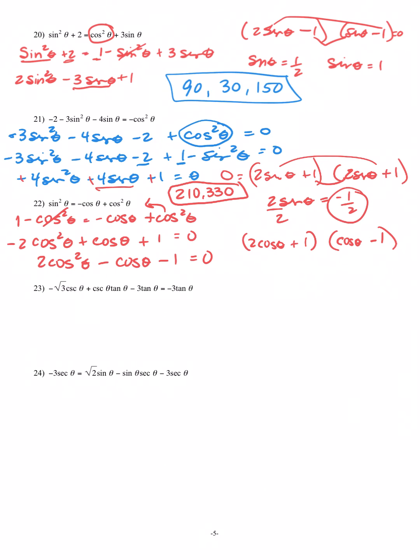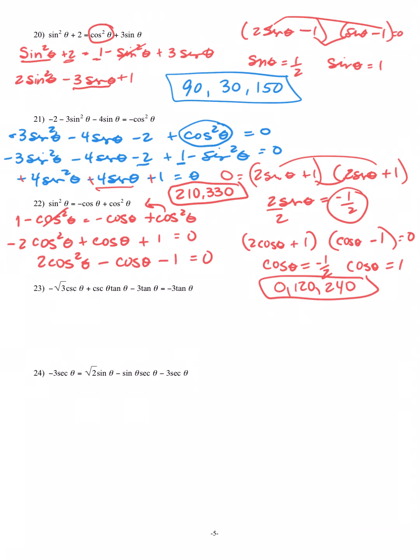And the positive 1 will make the cosine a positive cosine, which will make it a negative 1 cosine. We make that equal to 0, and now we have cosine of theta equals negative 1/2, and cosine of theta equals 1. And the answers to those will be 0, 120, and 240.